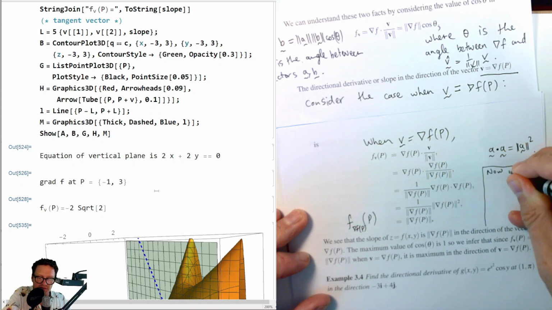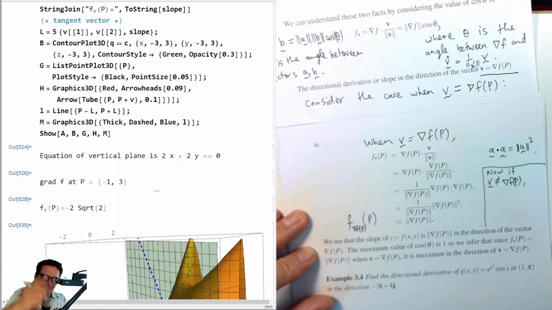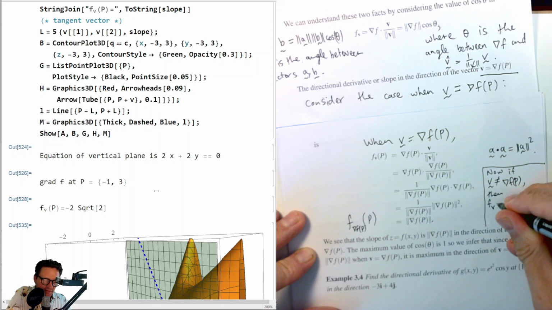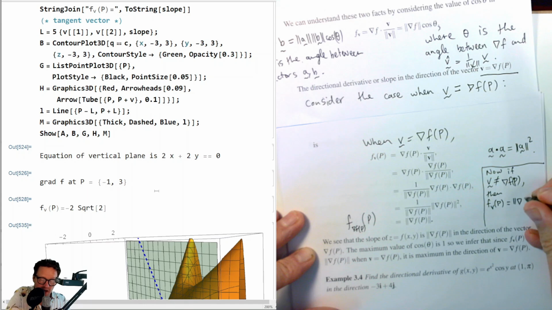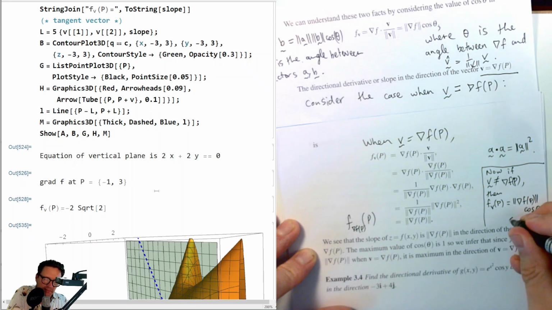Now if v were not equal to grad f at P, then f subscript v at P, being the norm of grad f at P times cos theta, would have to be less than the norm of grad f at P. And why?